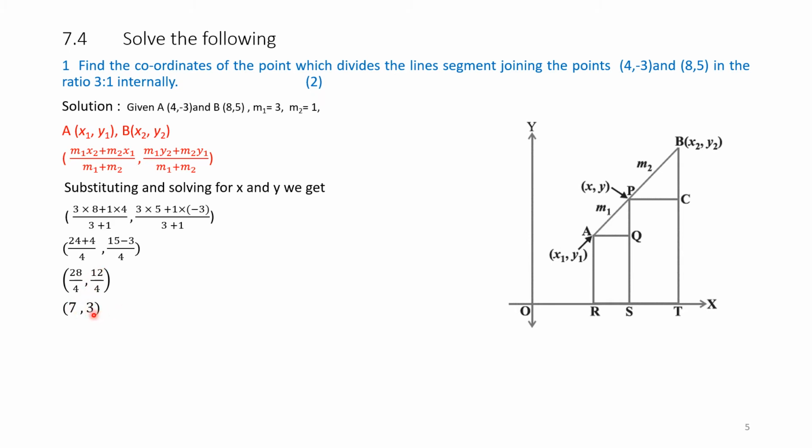This is the answer. Therefore, we have found the coordinates of the point P such that x is equal to 7 and y is equal to 3. The coordinates of the point which divides the given line are (7, 3). This is the answer, and this is a 2-mark question.